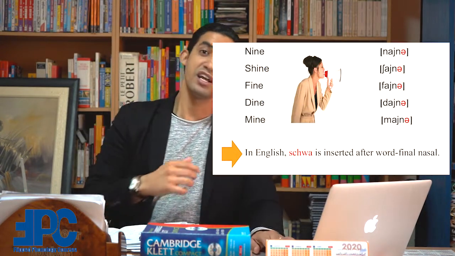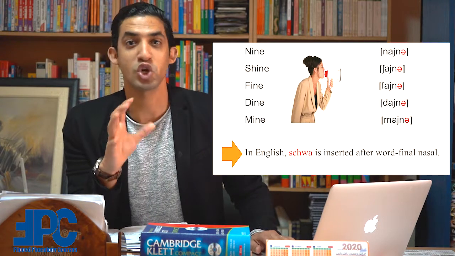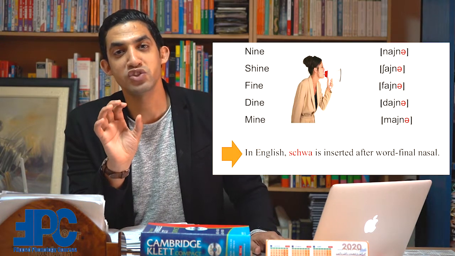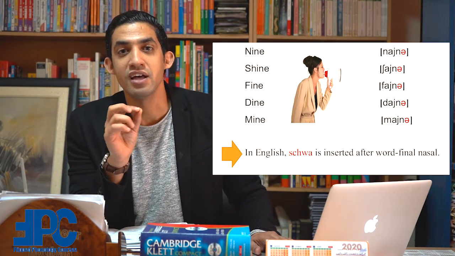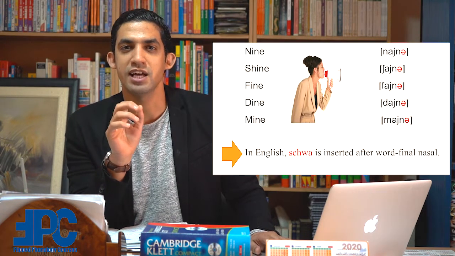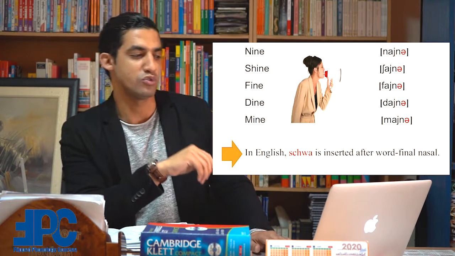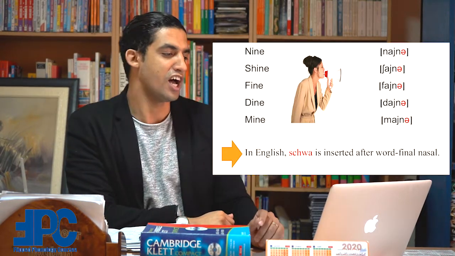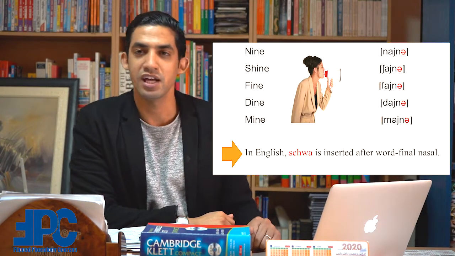Another example in English, which is specific to the Scottish accent, is the insertion of the schwa at the end of some words. Take the example, as you can see in front of you, of nine, shine, fine, dine, and mine.